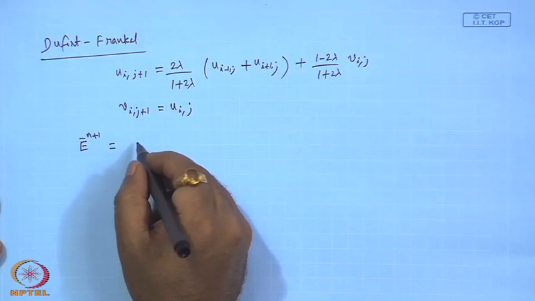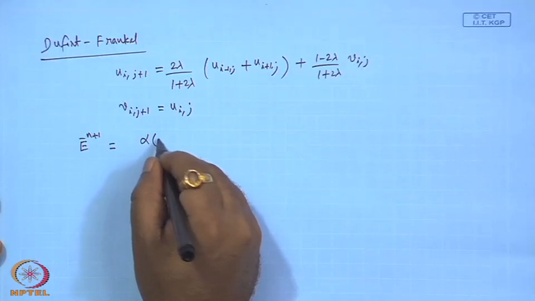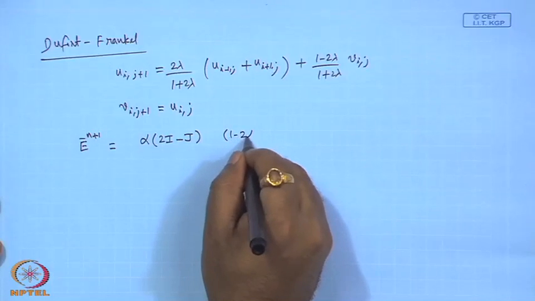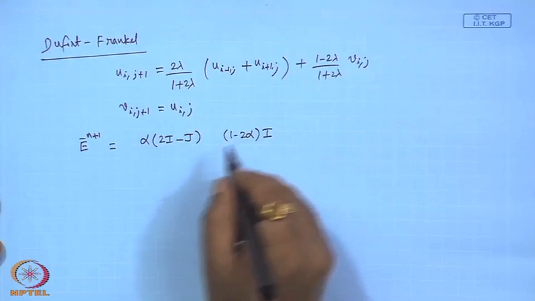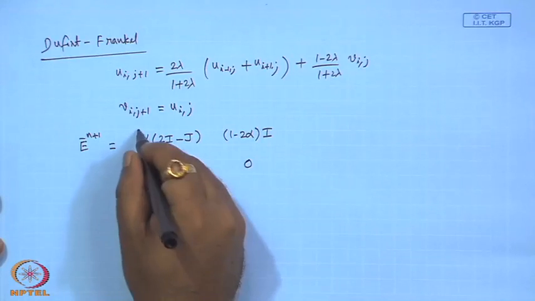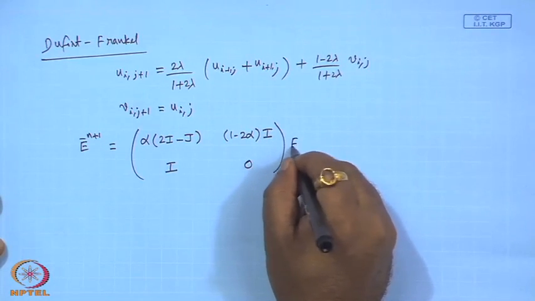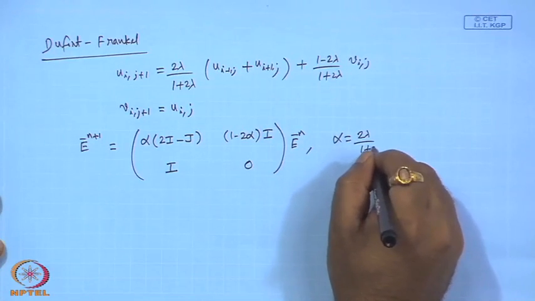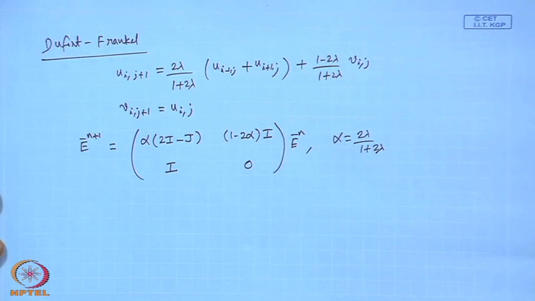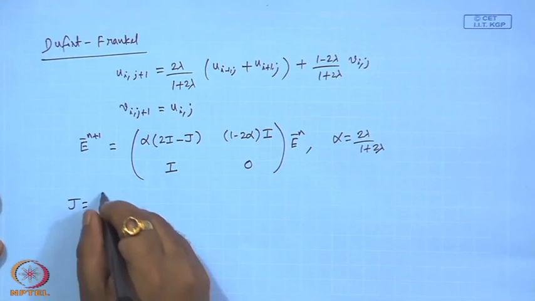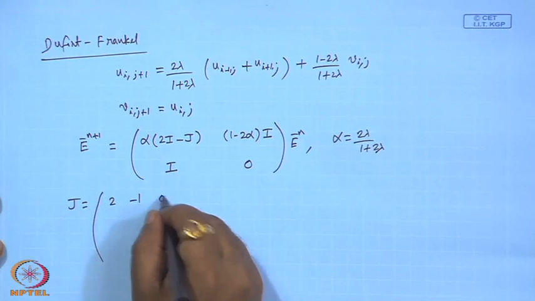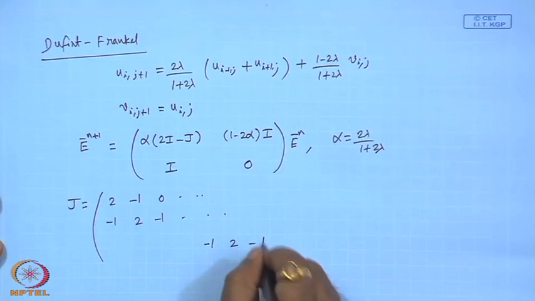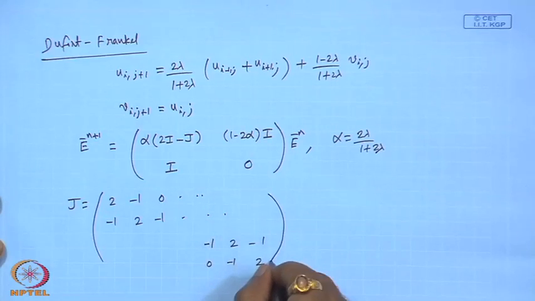Then this can be written as, where alpha is, and the J matrix, okay.